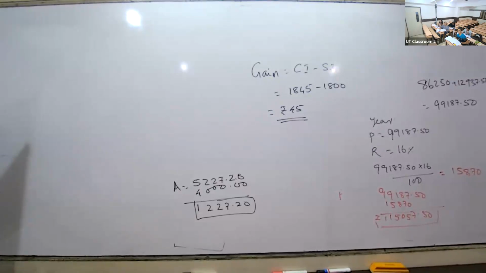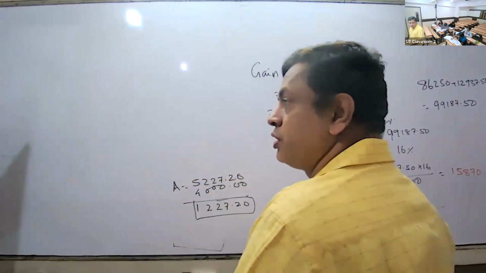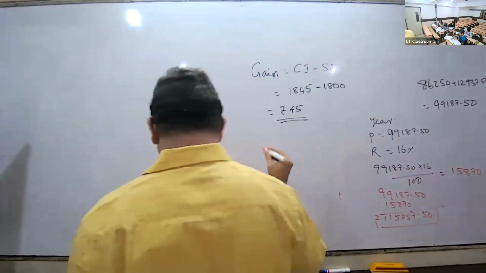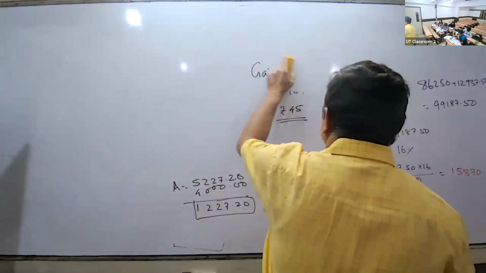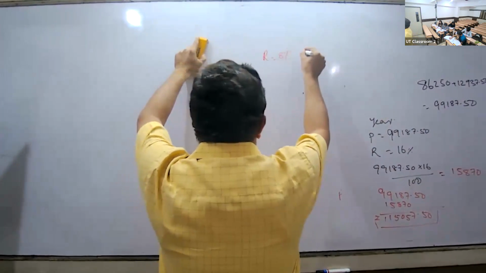It's direct now. For simple interest, P is equal to 4,000, R is equal to 8%, T is equal to 2.